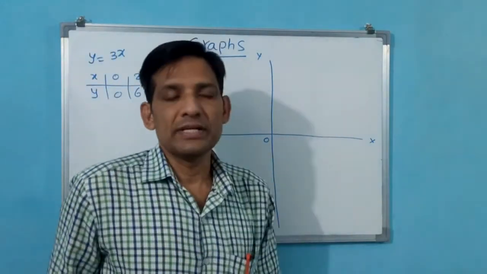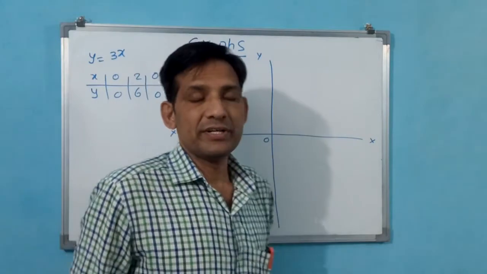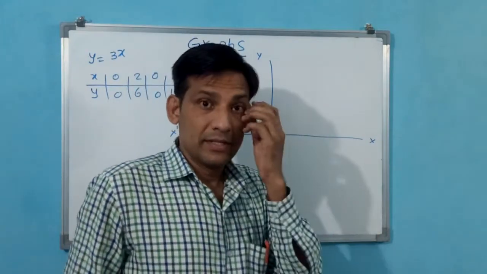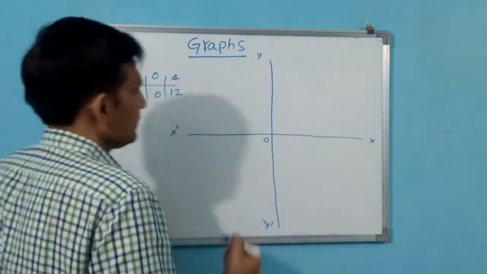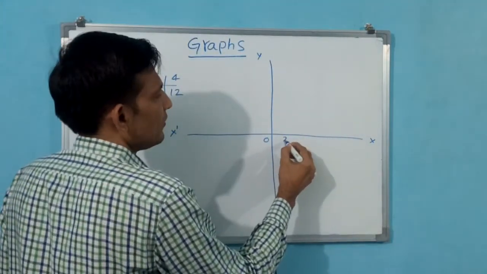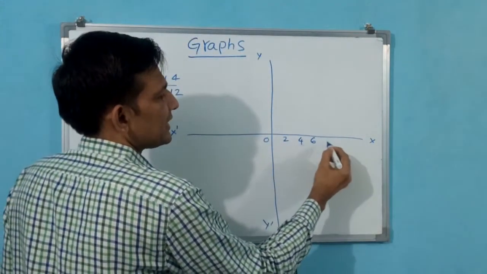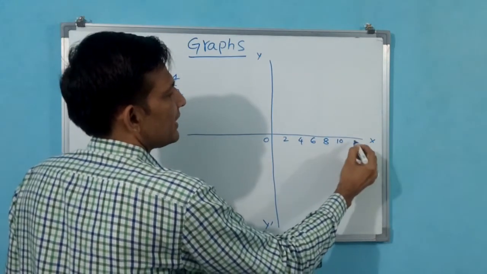Then how do we take the equidistant points? Rather than 1, 2, 3, we take 2, 4, 6, 8 like that. You see here how I am taking 2, 4, 6, 8, 10, 12.